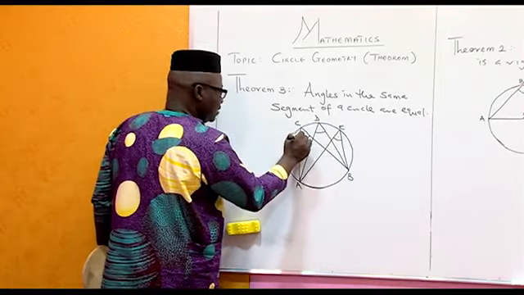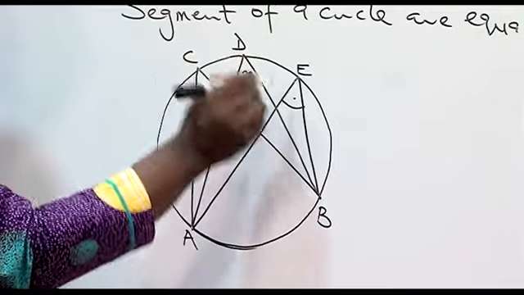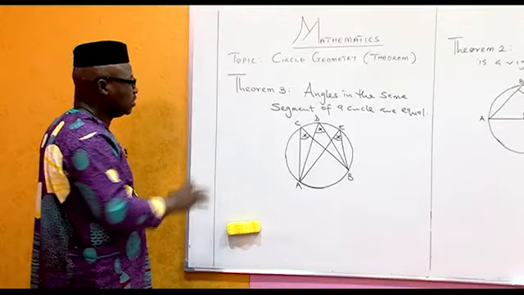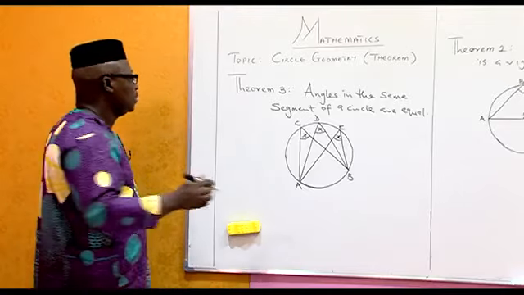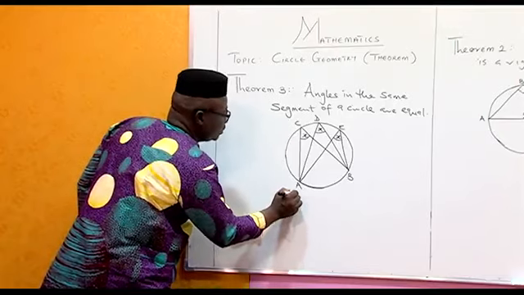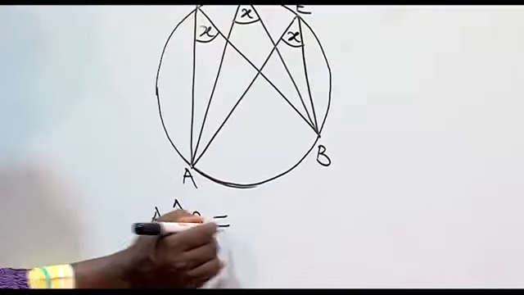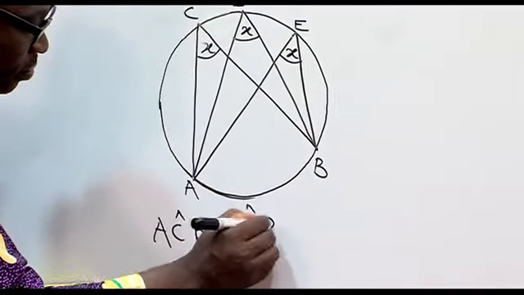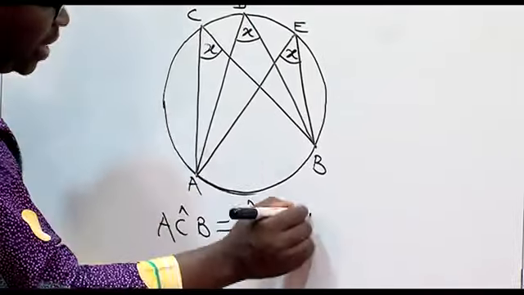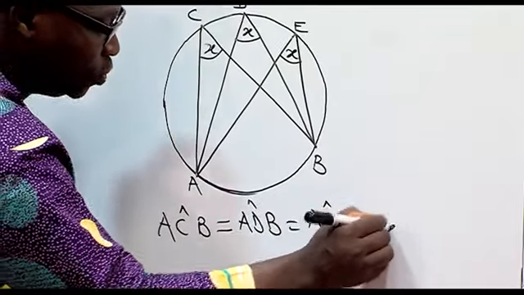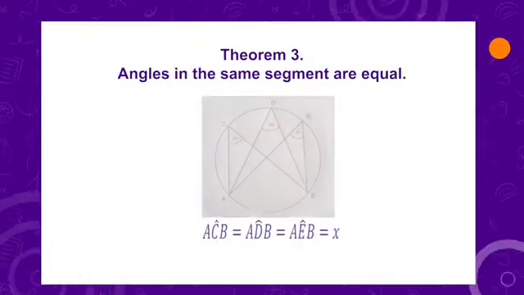If this is X, this will also be X, and this will be X. The three of them are angles in the same segment of this particular circle. So in that case, I can write angle ACB is the same thing as angle ADB, and it's also the same thing as angle AEB, all equal to X.